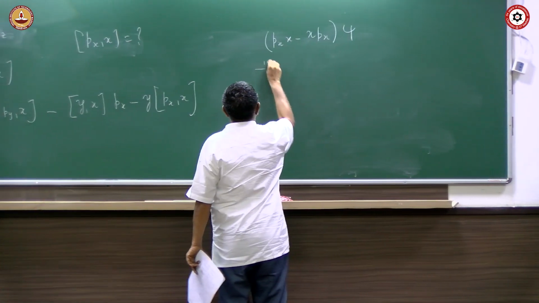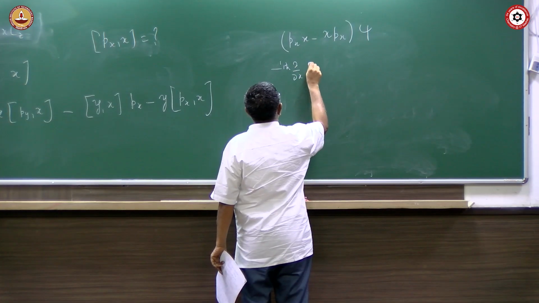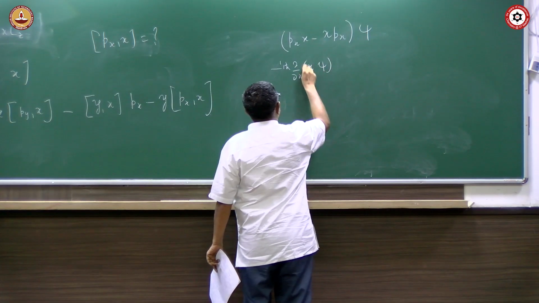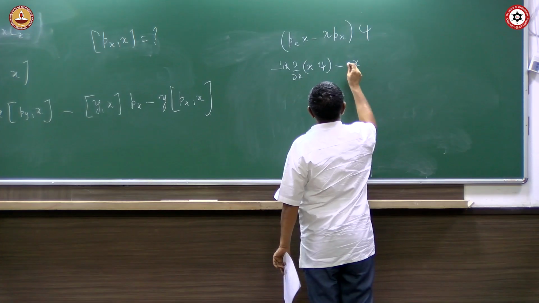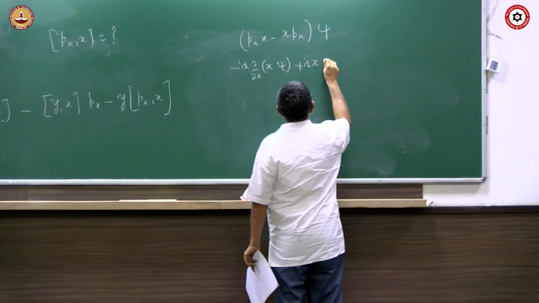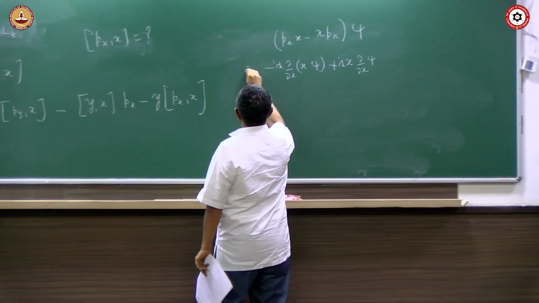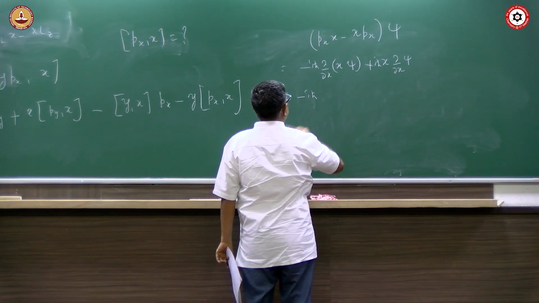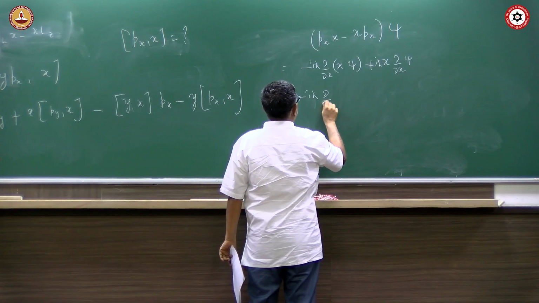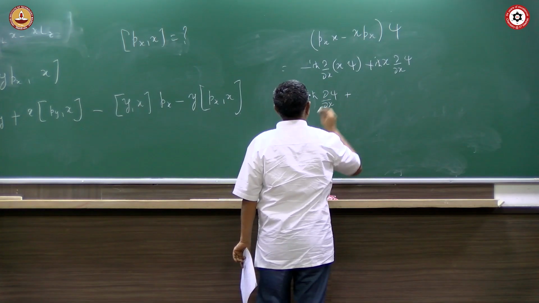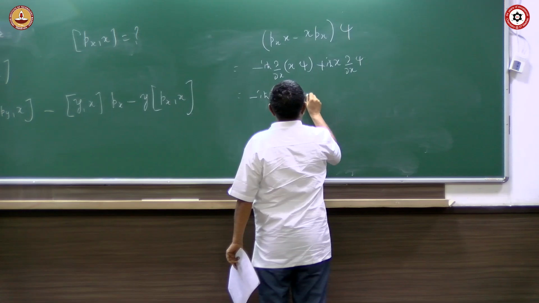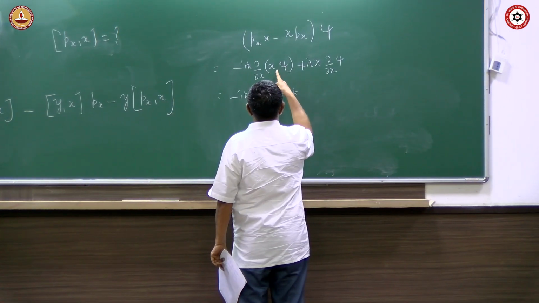Replace this by iħ ∂/∂x of xψ minus iħ, therefore plus iħ ∂/∂x of ψ. So this will become minus iħ x ∂ψ/∂x plus minus iħ ψ.